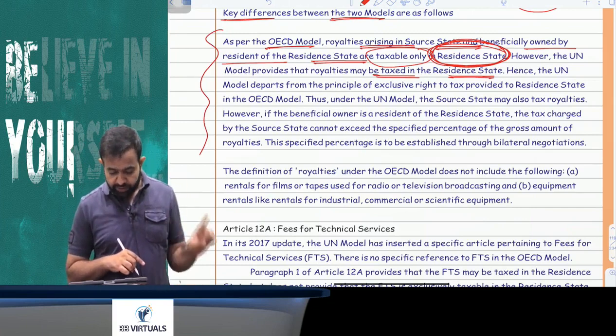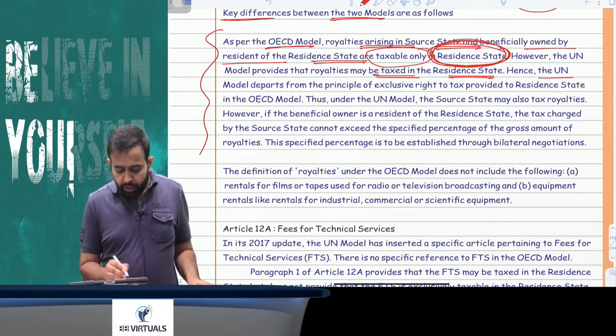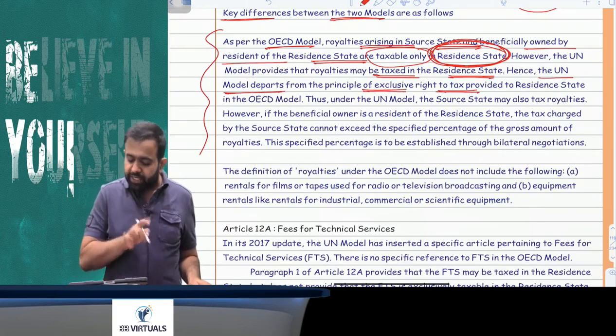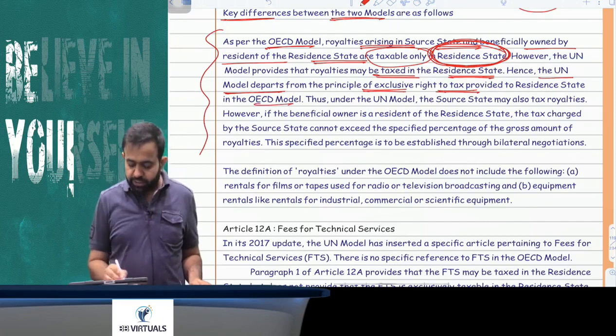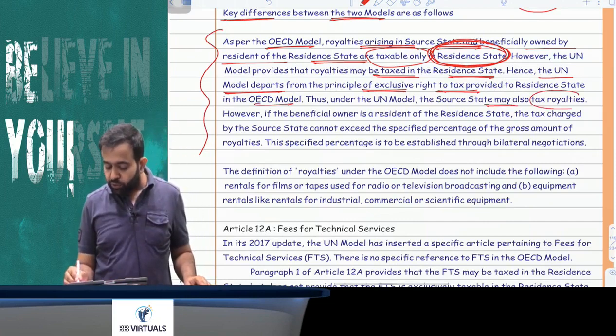However, the UN model provides that royalty may be taxed in the residence state. Hence, the UN model departs from the principle of exclusive right to tax provided to the residence state in the OECD model. Thus, under the UN model, the source state may also tax royalty.